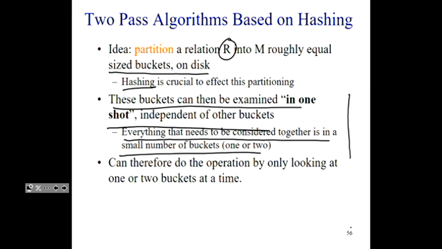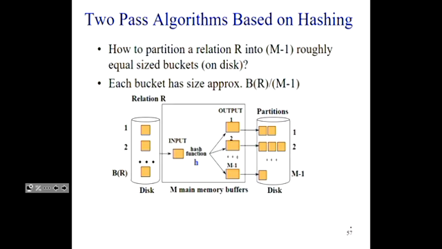Therefore, you can do the operation by only looking at 1 or 2 buckets at a time. So either one bucket corresponding to your one relation R, or one bucket each, one from R and one from S. So what do these partitioning algorithms look like? Essentially, you have one input buffer, you apply some hash function, and you have m minus 1 buckets that you can hash into.